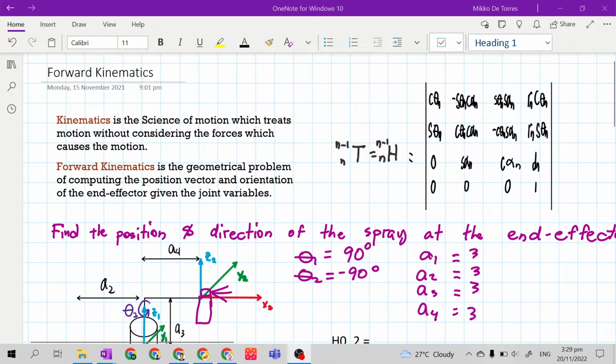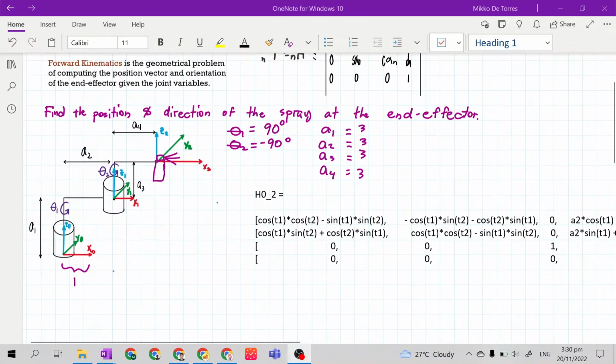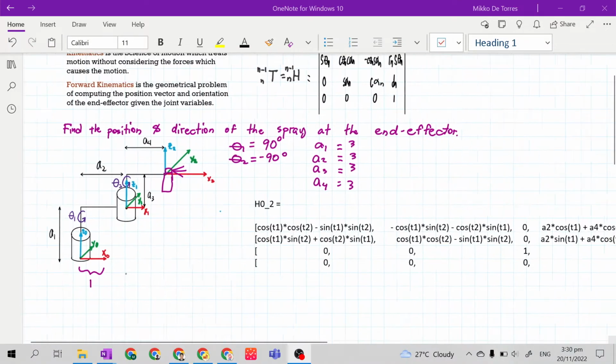Either method you use, you will still arrive at the forming of the homogeneous transformation matrix.